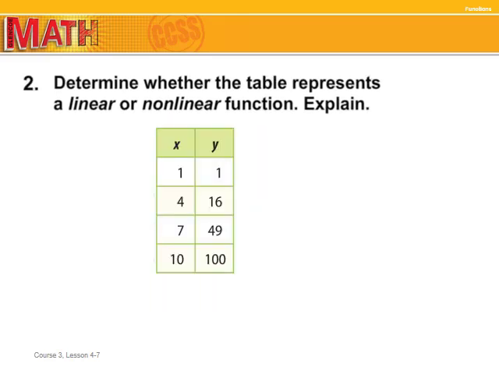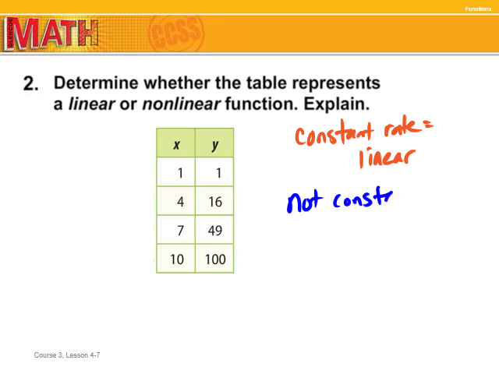Another example, number 2. Determine whether the table represents a linear or nonlinear function. Again, if it's a constant rate, it will be linear. If it's not constant, it will be nonlinear.